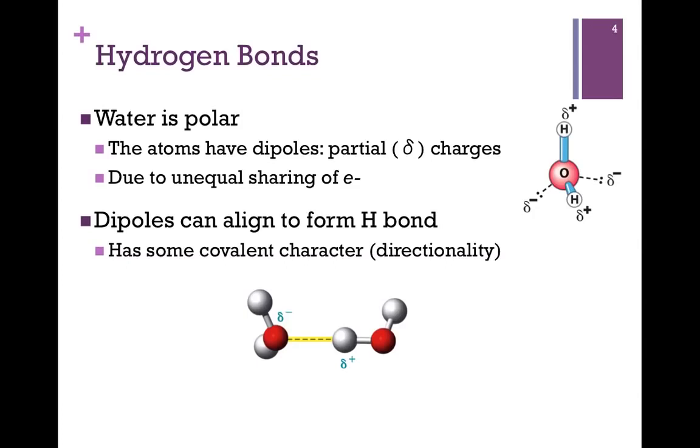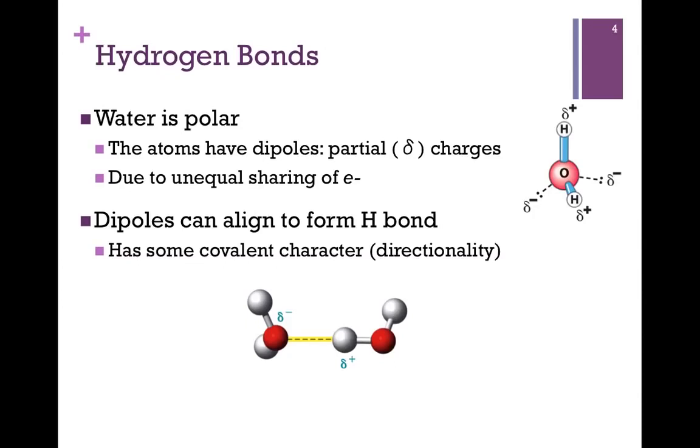We can align these dipoles to form a hydrogen bond, just like we can align the opposite ends of magnets together. In this case, there's some covalency, that is, some sharing involved. In the figure on the bottom of the screen, you'll see a ball and stick model of two water molecules.